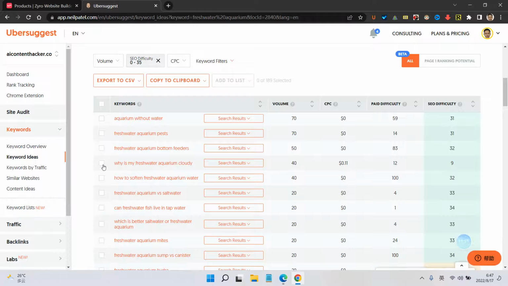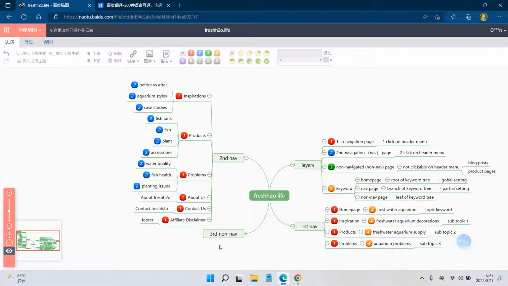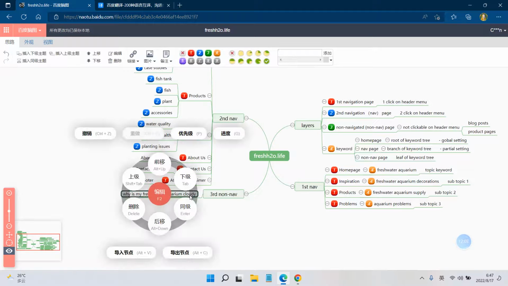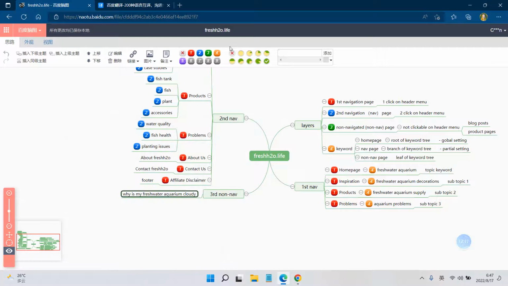So why is my freshwater cloudy, like this one? This will be the third part, and this is number 4 keyword, right?